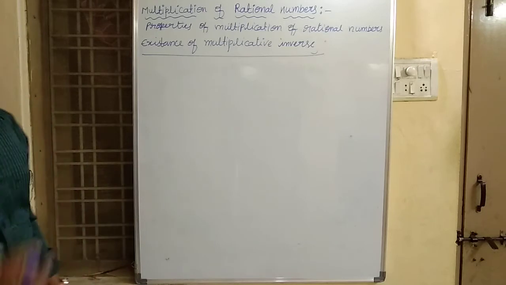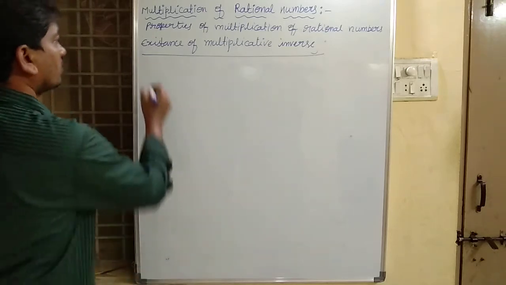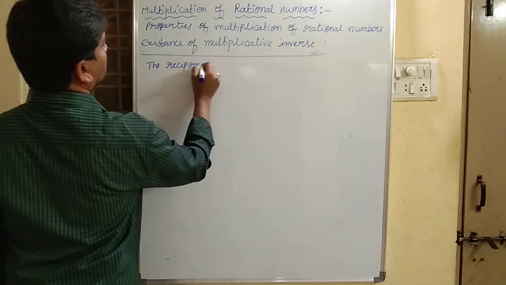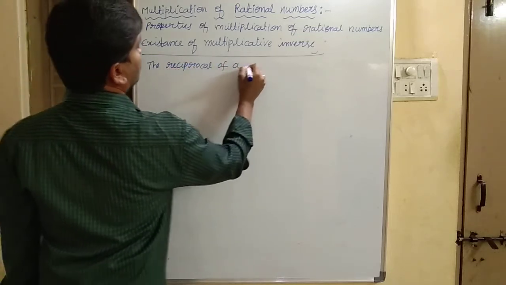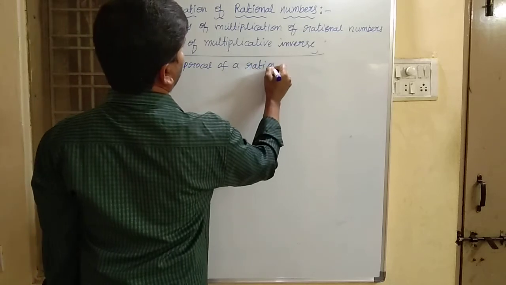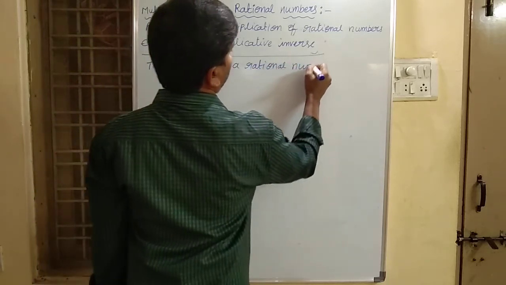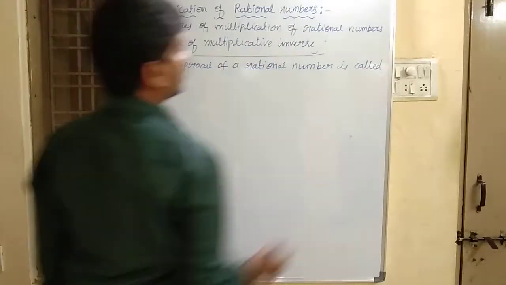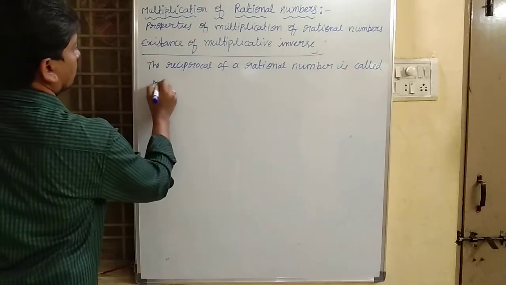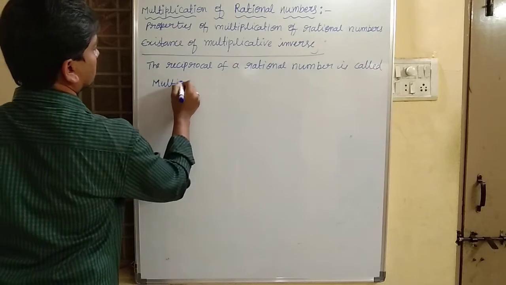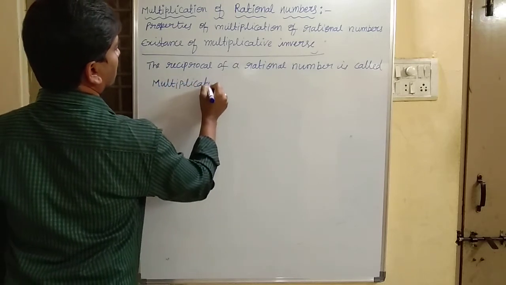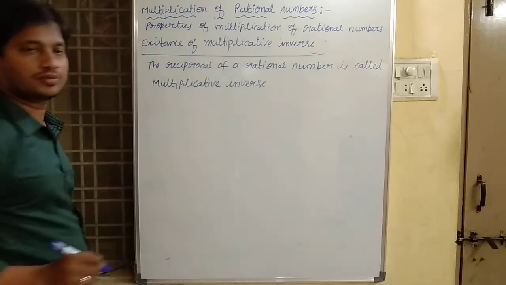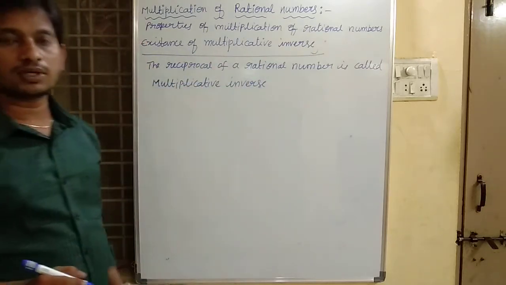The reciprocal of a rational number is called multiplicative inverse. The reciprocal of a rational number.